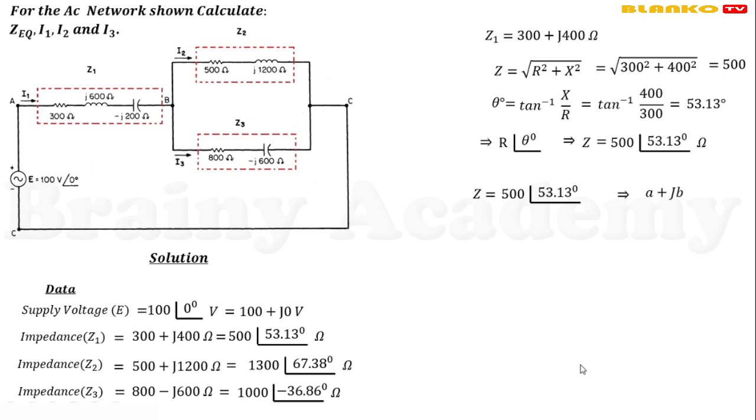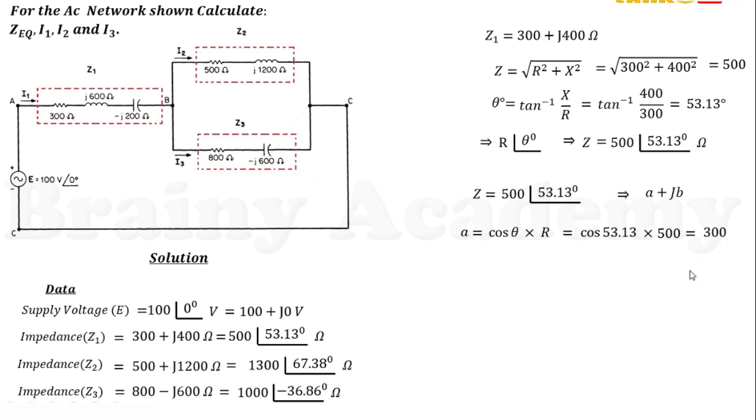All right, so let's first find the real part, a, which is cos theta times R. So we have cos 53.13, which is the angle theta, times 500, and that is going to give us 300. That is for the real part, a.